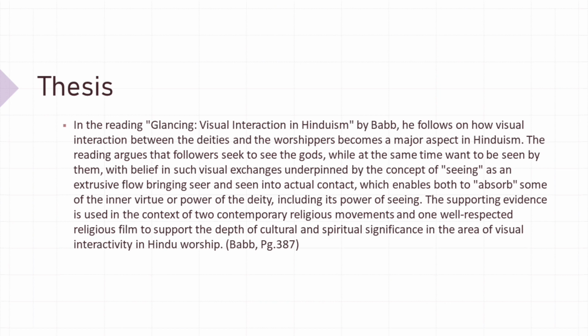The reading argues that followers seek to see the gods, while at the same time wanting to be seen by them, with belief in such visual exchanges underpinned by the concept of seeing as an exclusive flow, bringing seer and seen into actual contact, which enables both to absorb some of the inner virtue or power of the deity, including its power of seeing.